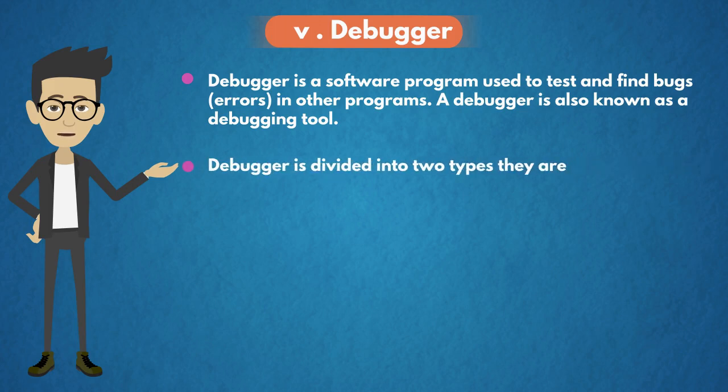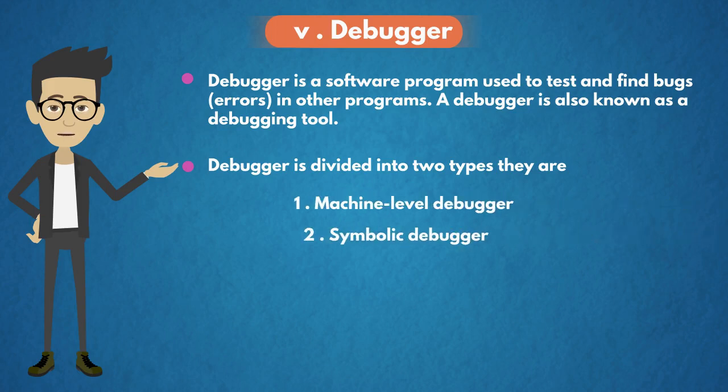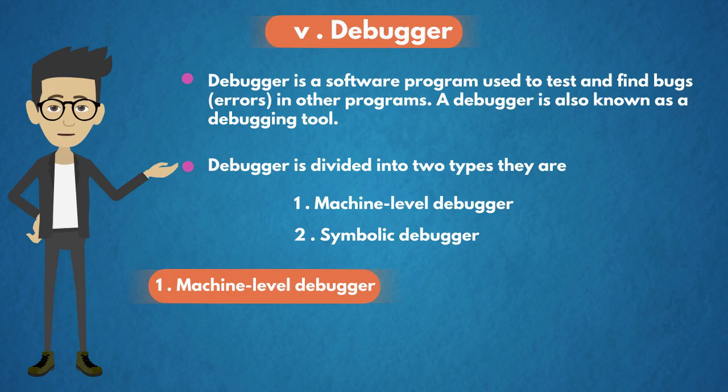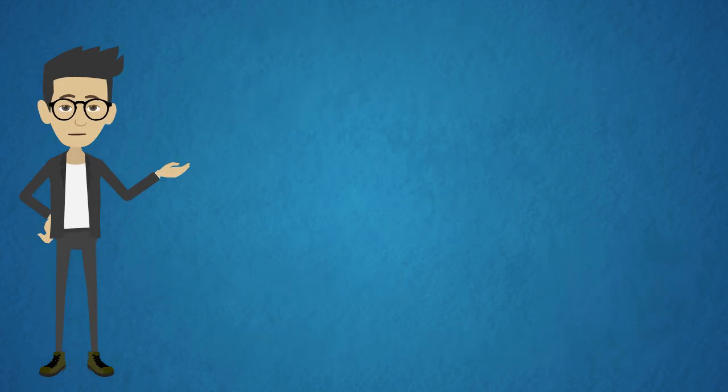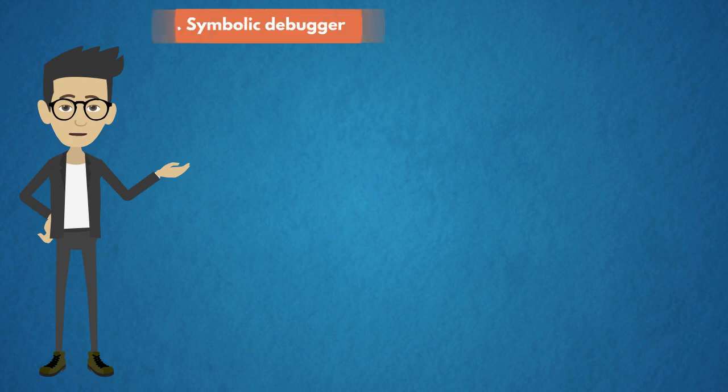Debuggers are divided into two types. They are, first, machine level debugger, and the second one, symbolic debugger. Let us first know what is a machine level debugger. The machine level debugger debugs the object code of the program and shows all the lines where bugs are detected. Second, symbolic debugger.